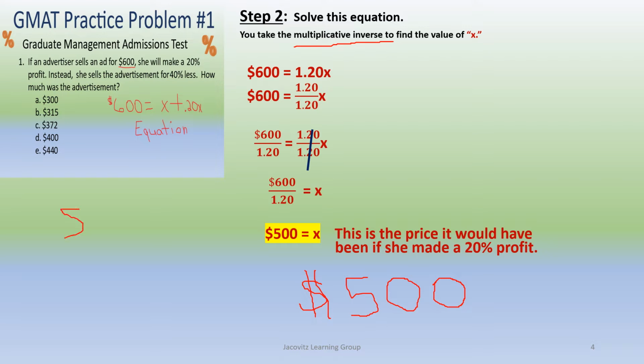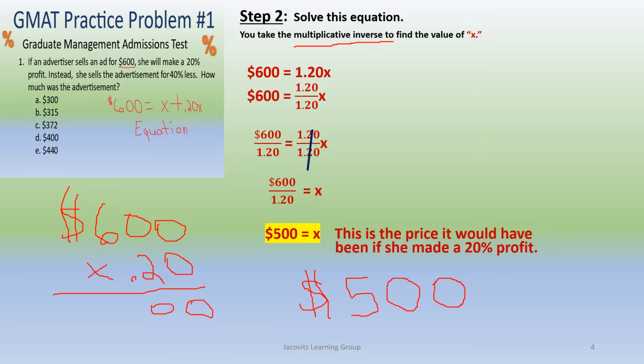And people are really willing to go 600 times 20. But here's the deal. If you do 600 times 20, you get 0, 0, you get 0 over here, and you get a 12.